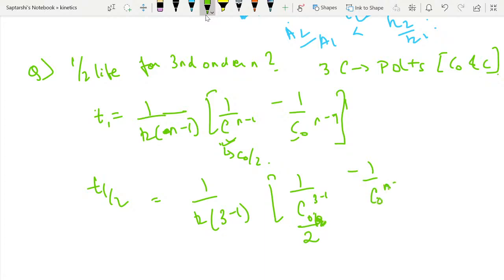So this was 3 minus 1. Right. So we have 1 by 2K, and over here this will go up. This will be downwards, it will be C0 square, and this will be 1, this part. So the answer will be this.